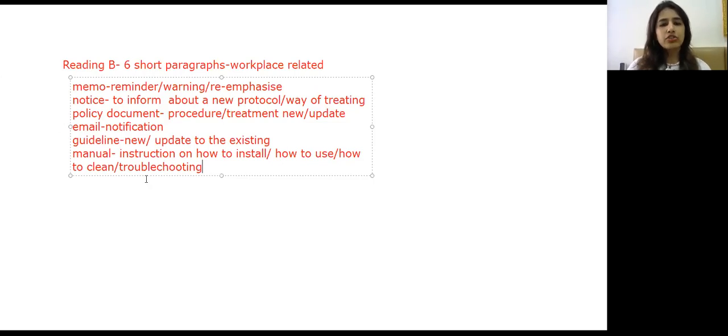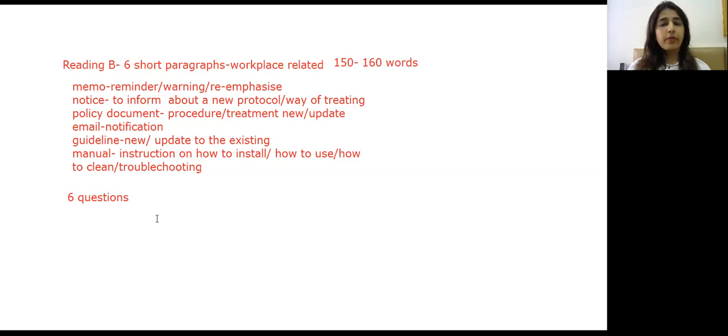Now, for each of these paragraphs, you would have one question for each paragraph. That means a total of 6 questions will be there. And the length of each paragraph is going to be around 150 to 160 words maximum.